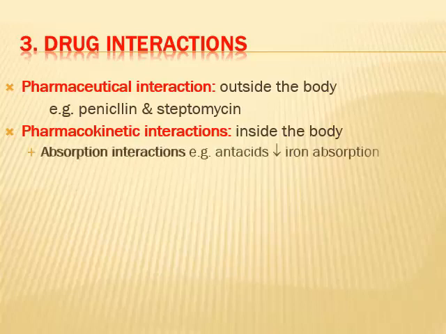An example of absorption interactions occurs between the antacids and the iron preparation. This is because of the antacid-induced decrease in the hydrogen ion concentration, which is needed for the absorption of inorganic iron.